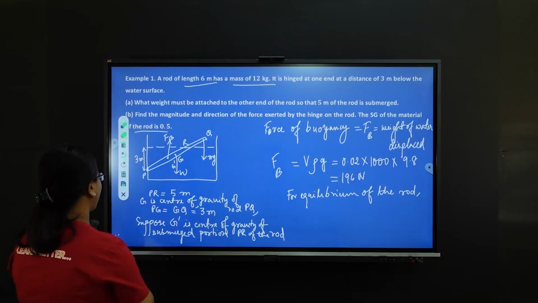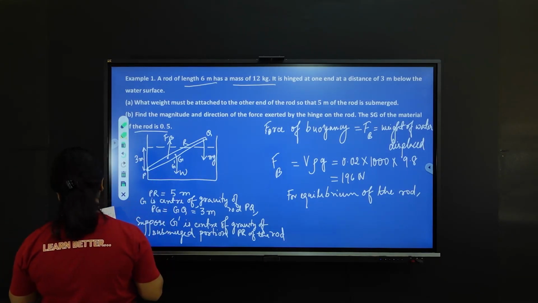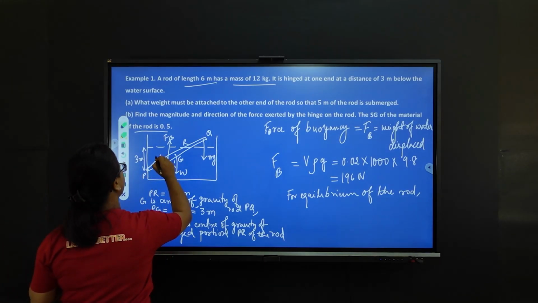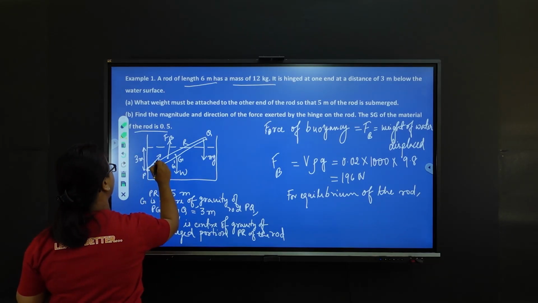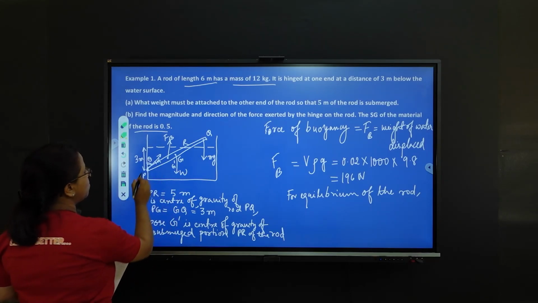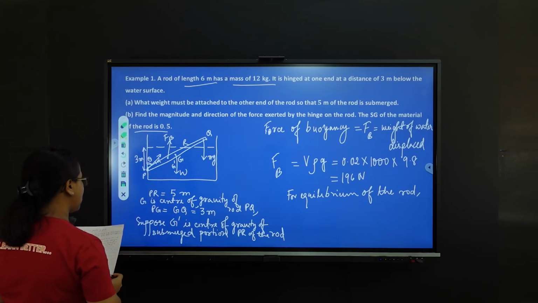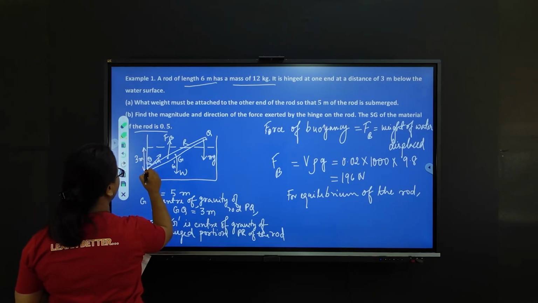So if we look at the diagram again, we have these angles as theta, and this is the angle alpha that we have made with the rod, and this angle is theta. So you can imagine the forces to get resolved into two parts. We have the components of the reaction force.